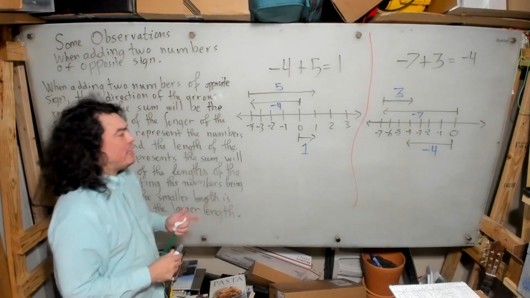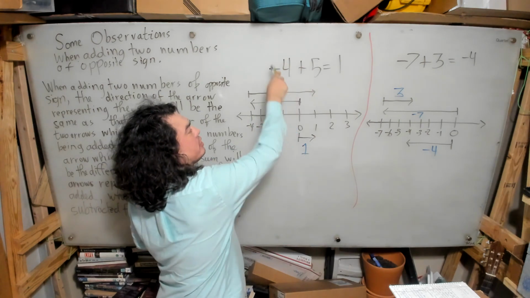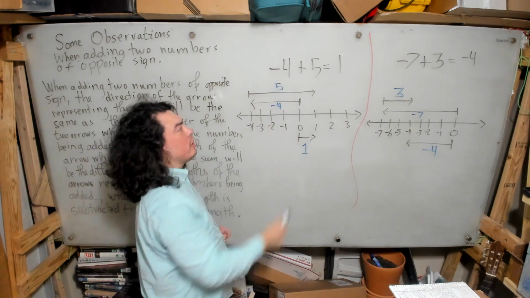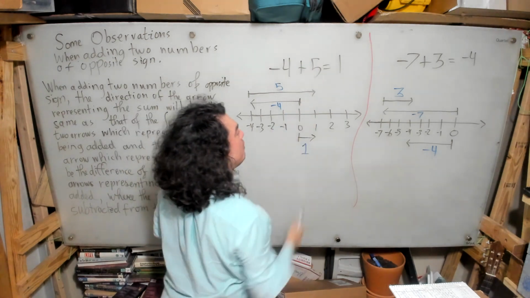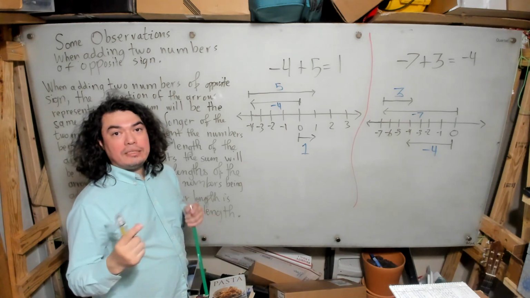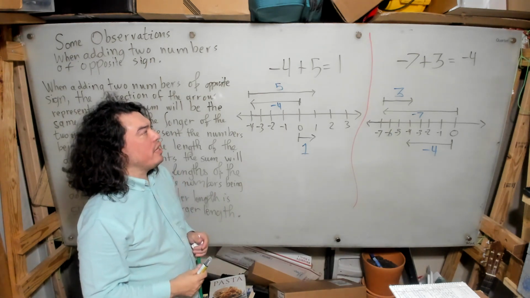So, for example, in this case, I know that if I were to represent these numbers as arrows, the length of the negative 4 will be 4, and the length of the arrow representing 5 will be 5. So I know that the one that is bigger will be the one in the direction of the arrow, right?